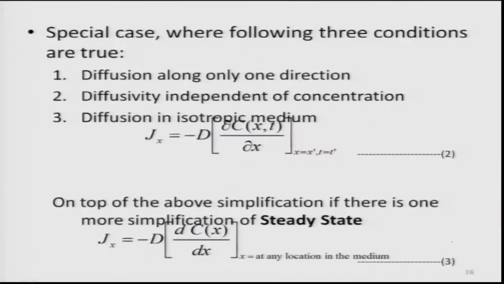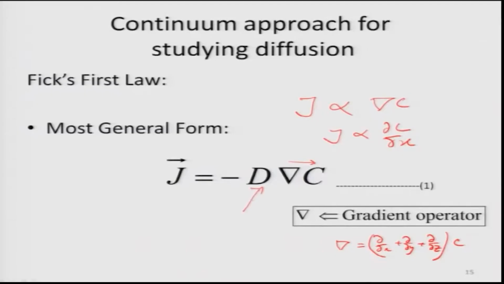Now, a special case where the following conditions are true: suppose diffusion happens only in one direction. We can think of a 2D thin film with diffusion always happening in one direction. Let me explain what D is. D is a constant known as diffusivity. Diffusivity is the ability of a material or atom to diffuse.